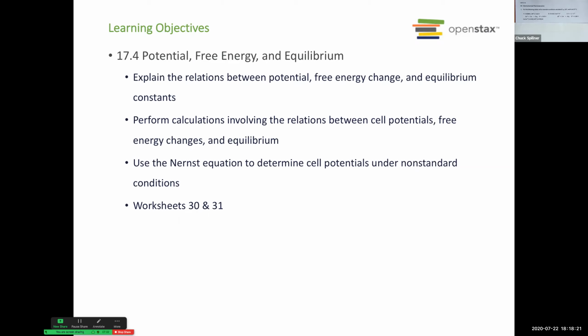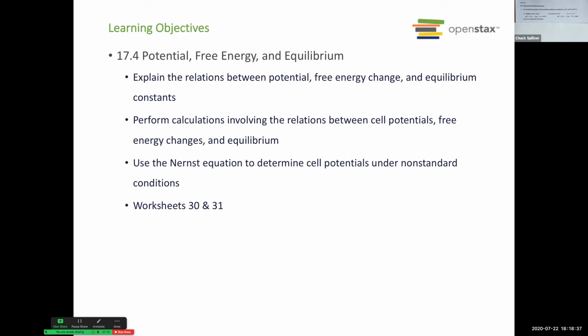So this is almost a culmination of what we've learned in chapters 13, 14, 15, 16, and 17. We're going to use information from all of those chapters in this unit.